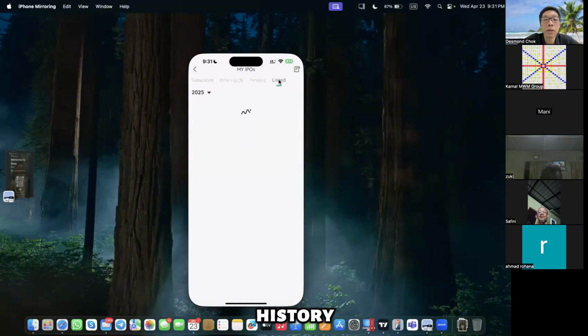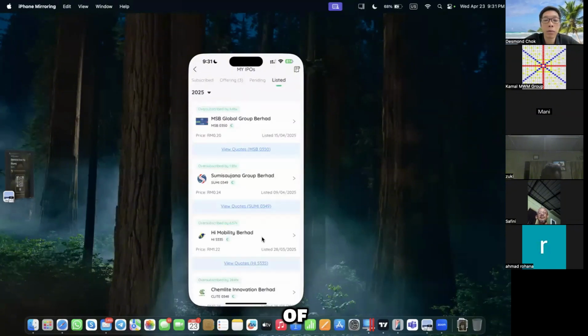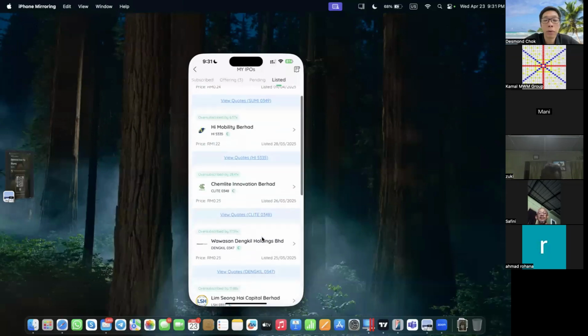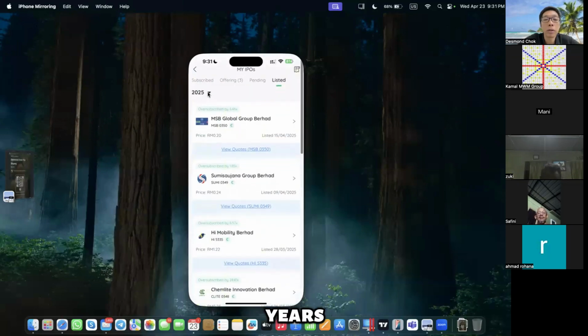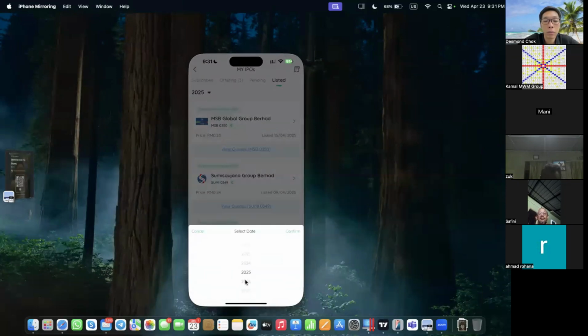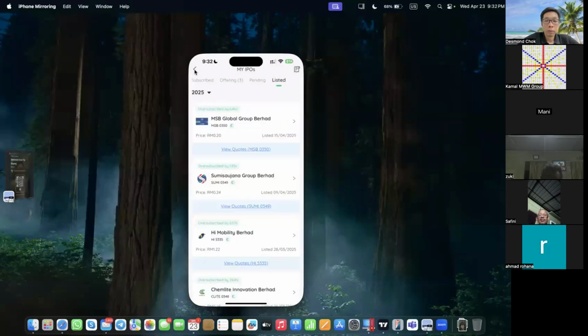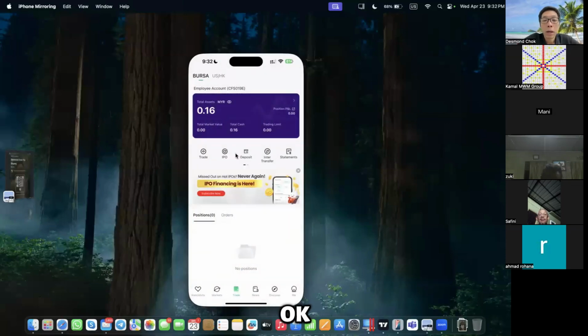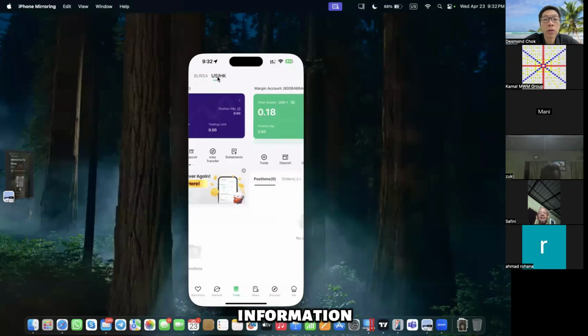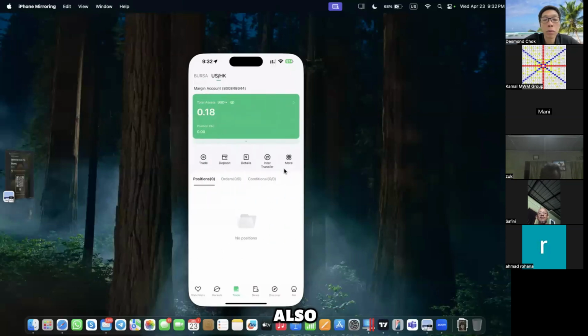This one is past history, those IPOs already listed. And for years, you can filter down: today, this year, last year, all those. Okay, any question on the IPO for Malaysia? And for your information, Hong Kong also has IPOs, and you can apply.